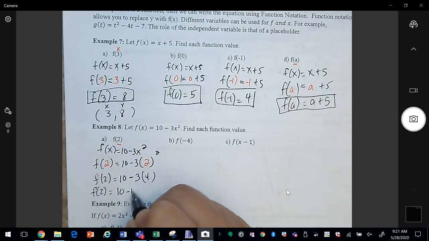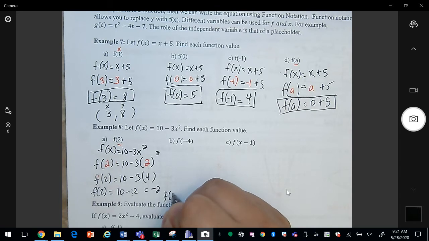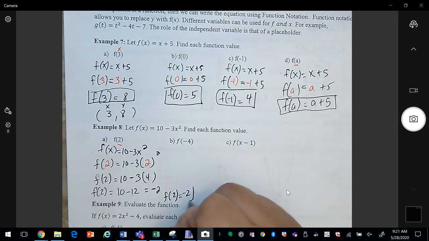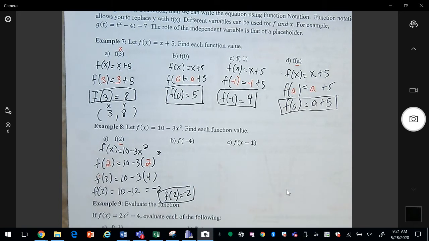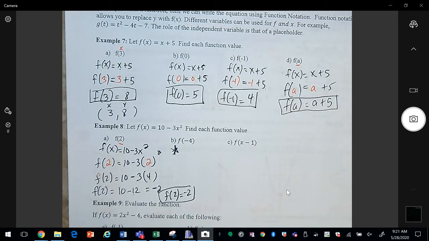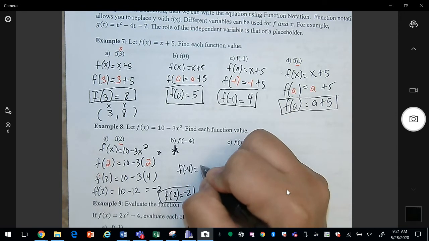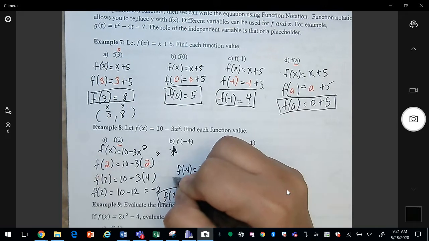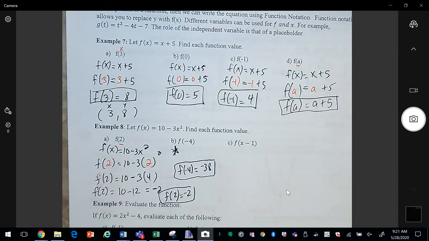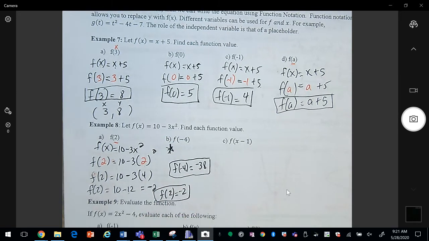Negative 3 times 4 is negative 12. 10 minus 12 is negative 2. So my answer is negative 2. I would like for you to try letter B. If you do this correctly, your answer is going to be negative 38.